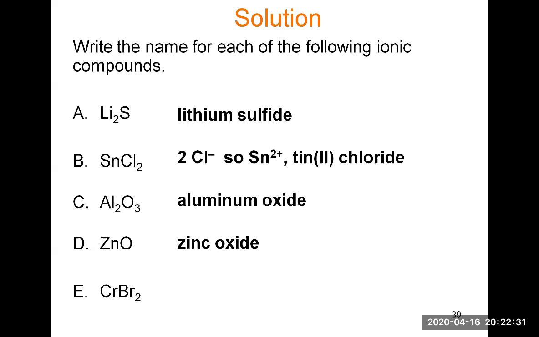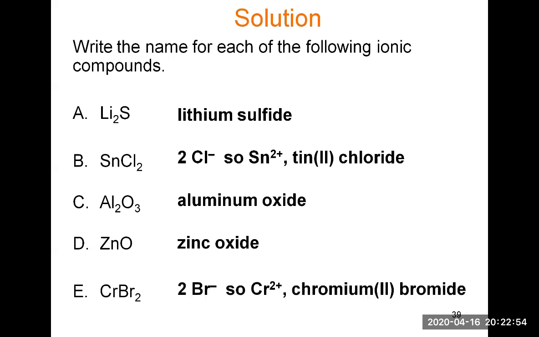So that chromium needs to carry 2 positive charges to cancel the 2 negative charges from the 2 bromide. So it's going to be Cr2+. And so now we know it's Cr2+, so the name will be chromium 2. And then bromine is called bromide. So it's going to be chromium 2 bromide.